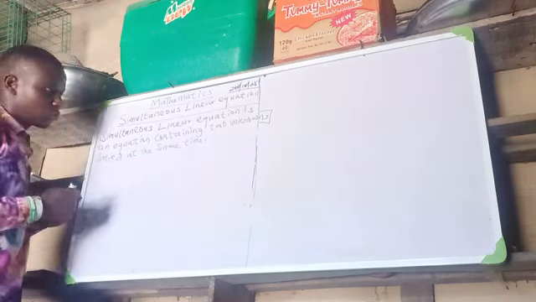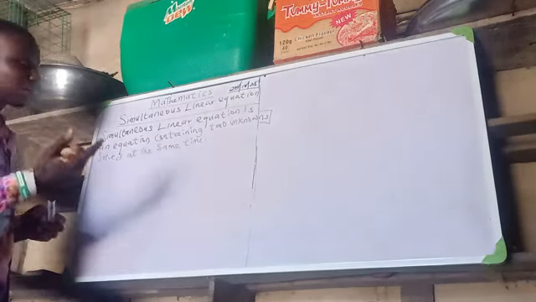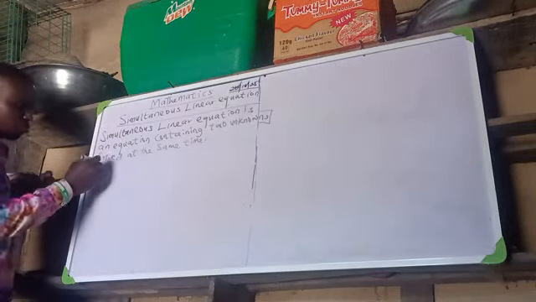Right? So we can have x and y, or t and x, whatever.